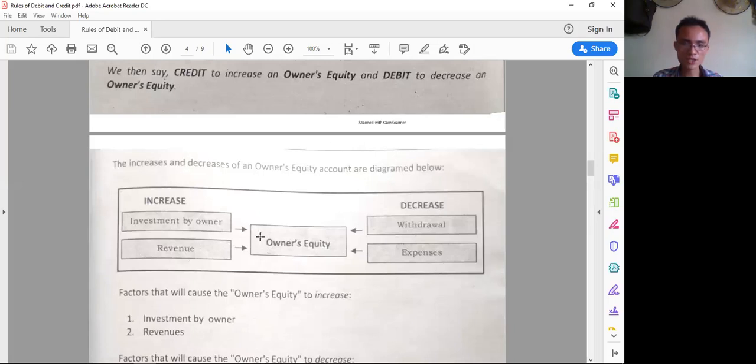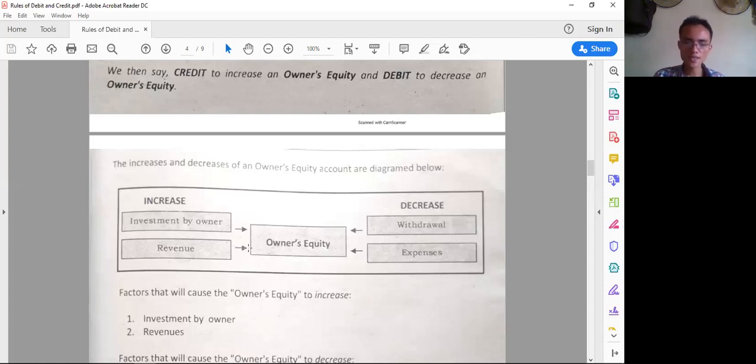So you have here, the owner's equity represents the residual interest of the business. Now, why is it called residual interest? Because it is what is left after we deduct our liabilities from assets.